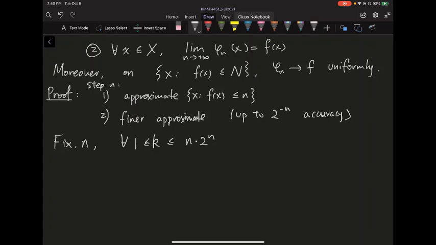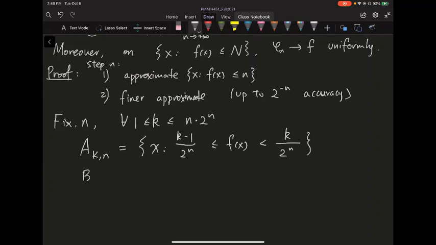So let's define n times 2 to the n intervals, where each of these A_k^n is essentially the set where my function is between k minus 1 over 2 to the n and k over 2 to the n. I want to make them disjoint, so let's make it left closed and right open. So I will make A_k^n equal to that.